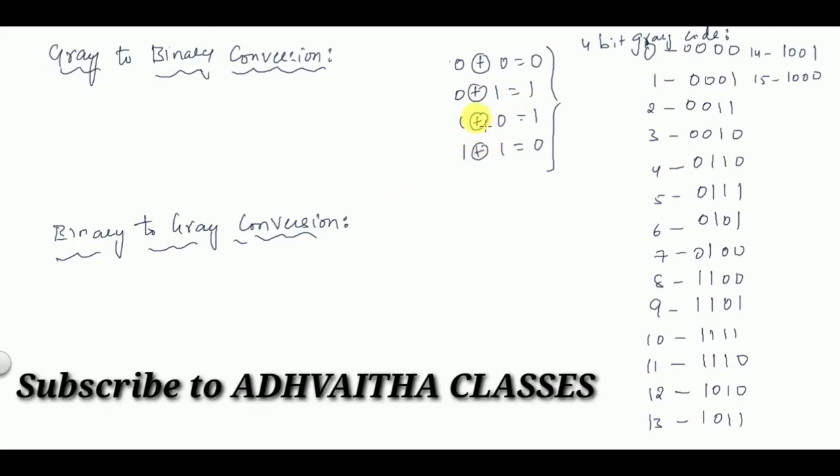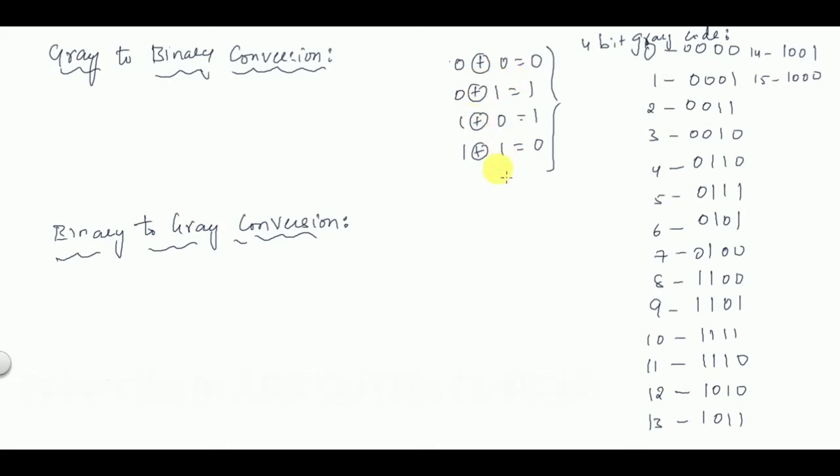This XOR operation is used in the conversion of gray to binary and binary to gray. For the time being just remember this, we will discuss it clearly later.